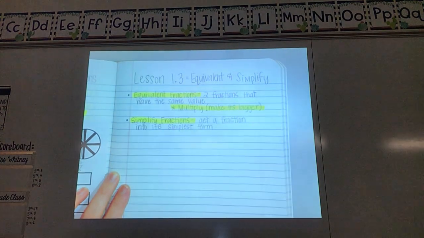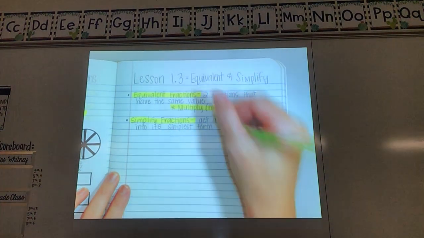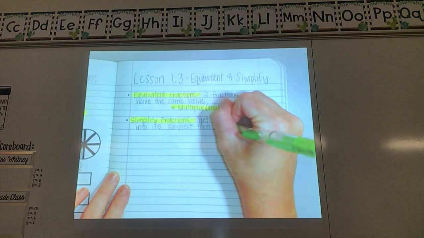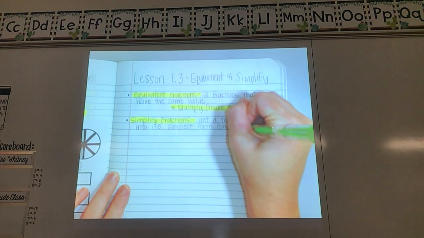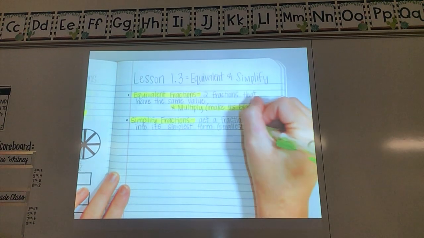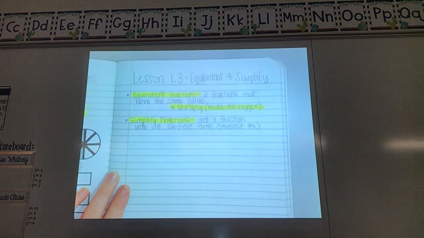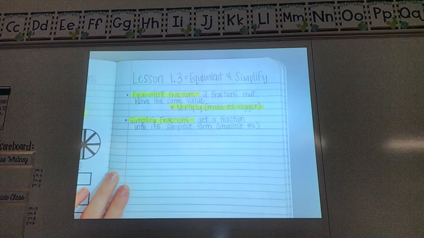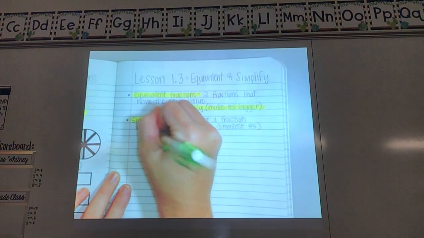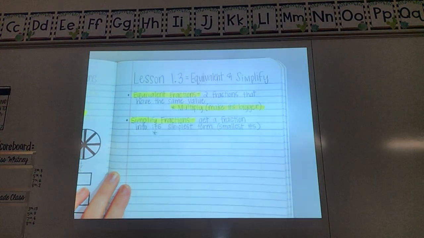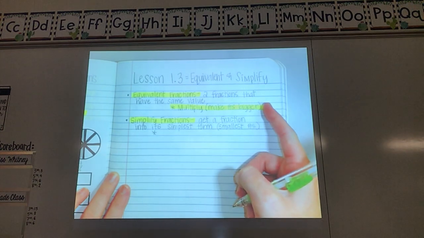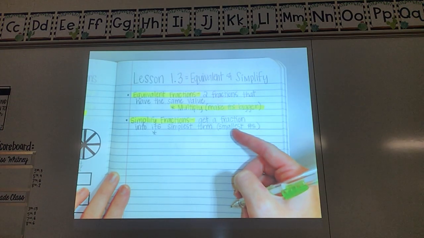And what that means is we want to make that fraction have the smallest numbers possible. So simplifying, we are trying to get the smallest numbers for our fraction. In order to get smaller numbers, instead of multiplying like we were for equivalent fractions, we are going to divide.